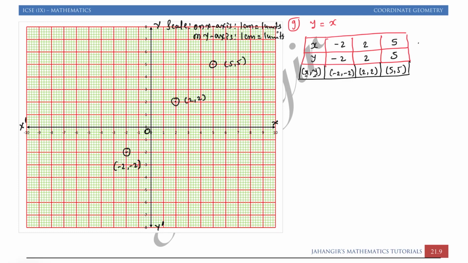See, we had made the table with the corresponding values, now we have plotted 3 points on the graph, now we will join those 3 points. Just join the 3 points properly.